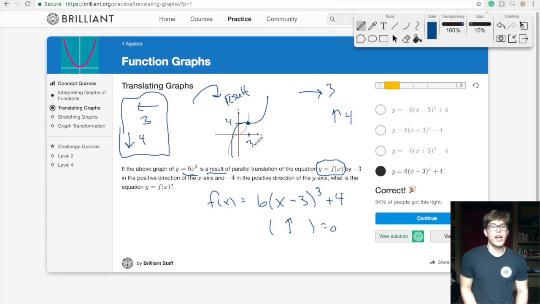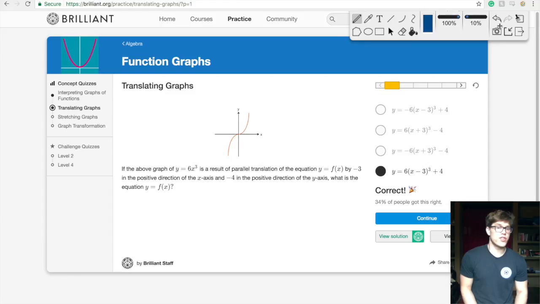And whenever x is positive 3 is whenever this quantity equals 0. That is why we have a minus 3 here instead of a plus 3. If we had a plus 3 and x was positive 3, then it would be 6, not 0. So that is my 5-second explanation as to why.